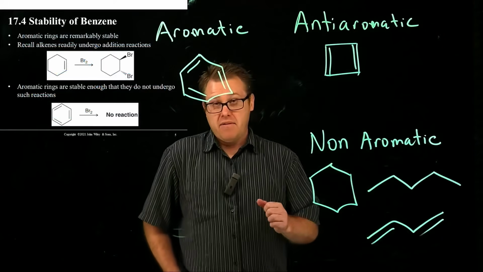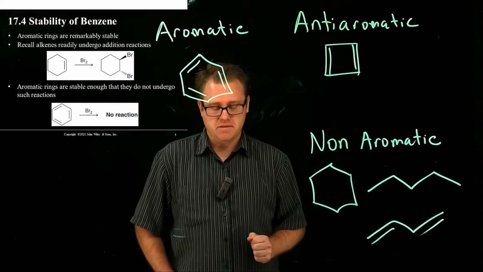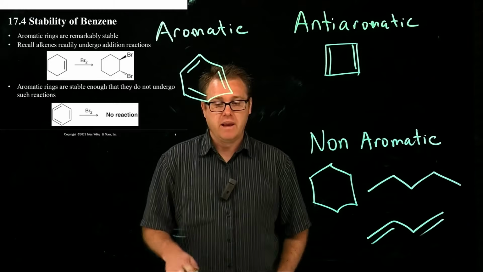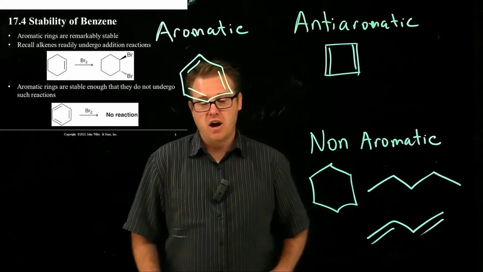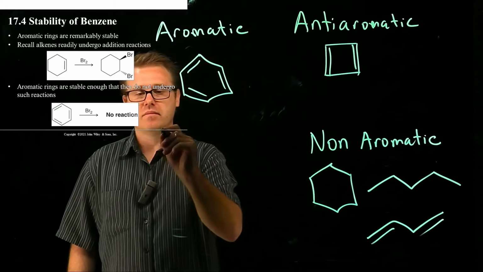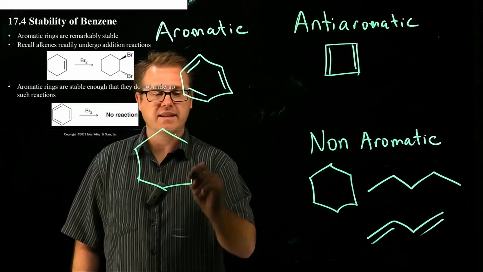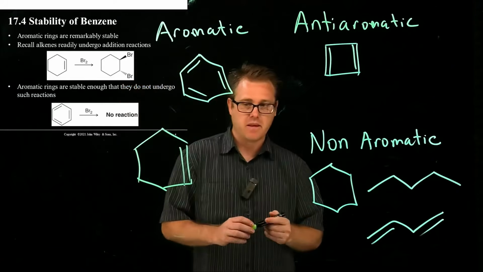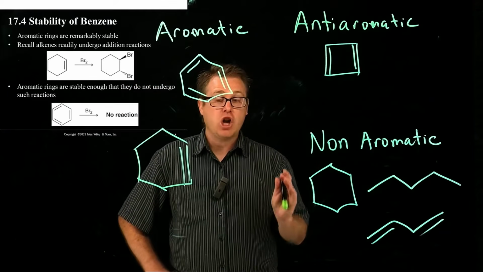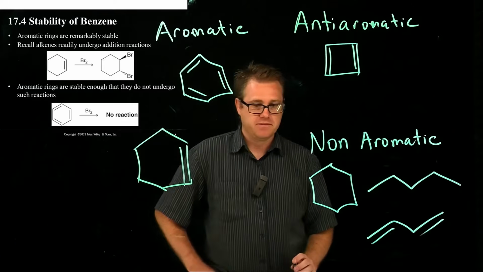To drive that point home about the stability of aromatic compounds, we can take the compound there shown at the top there, our cyclohexene. You see that is a non-aromatic compound.